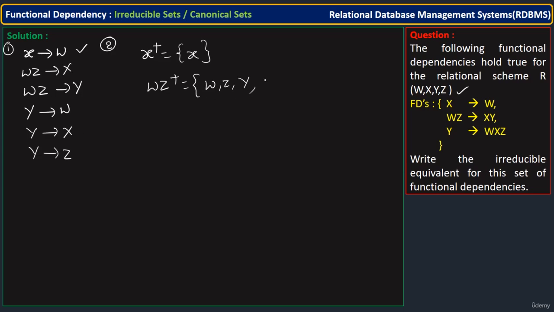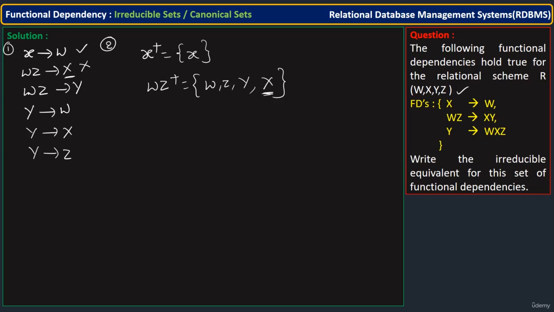Y generating X. And Y generating Z, of course, already there. Now if you observe, we need X in the result. Yes, X we are able to generate. That means without having this FD also, we can determine X. So this is not an essential FD.